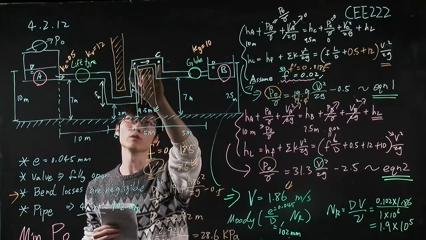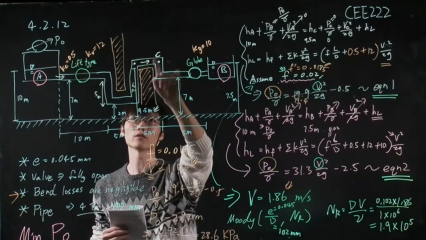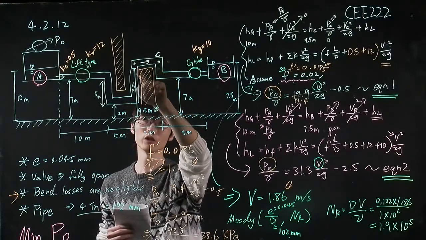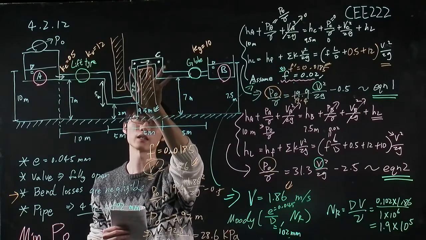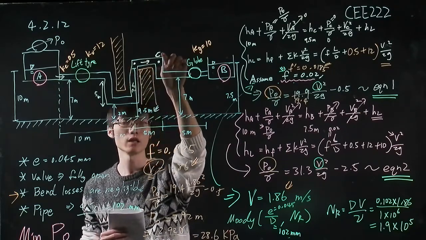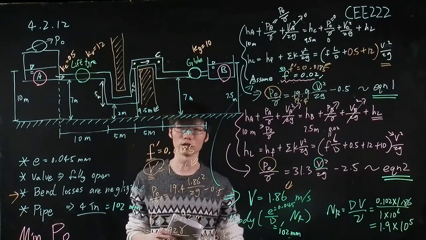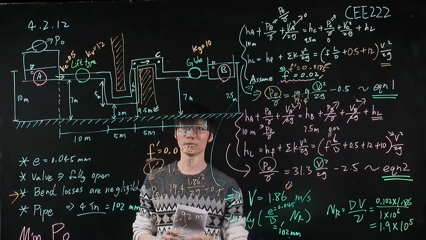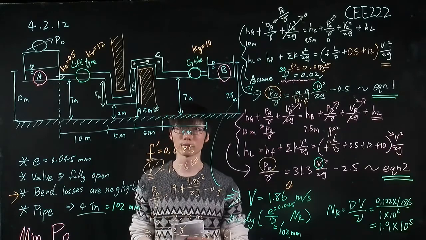So we have these 2 points, and we choose this C because the energy will be further reduced by the friction in this section. That's why we choose C as the location where we might have the lowest pressure.